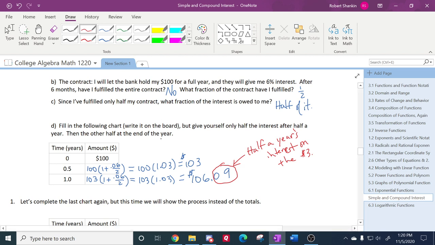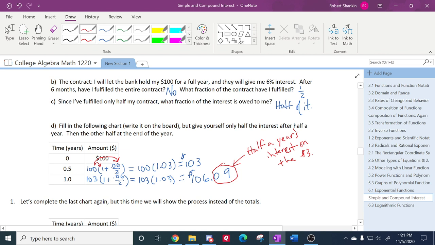So we start with $100, and we only have the money in for half a year. So when you distribute this times this, it's going to return the principal of $100. When you take this times this, it's going to add your interest. But we didn't have it in for a full year, so we're not entitled to the whole 6%.